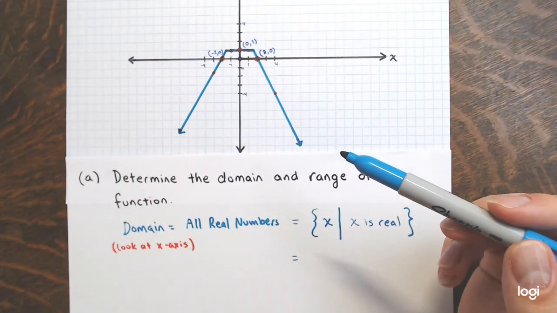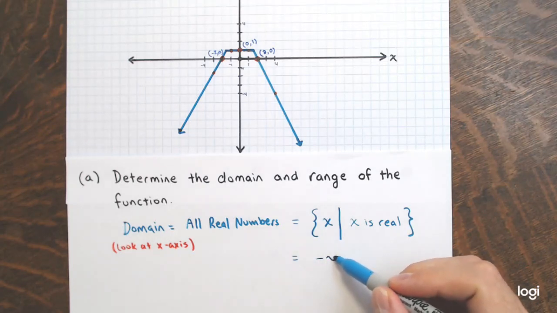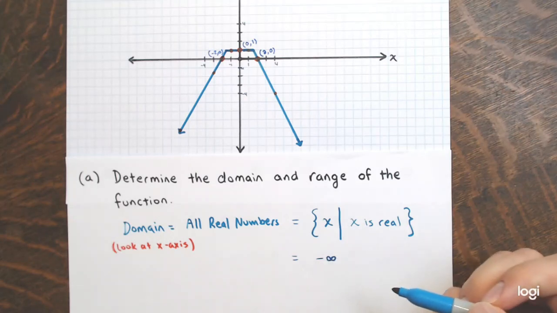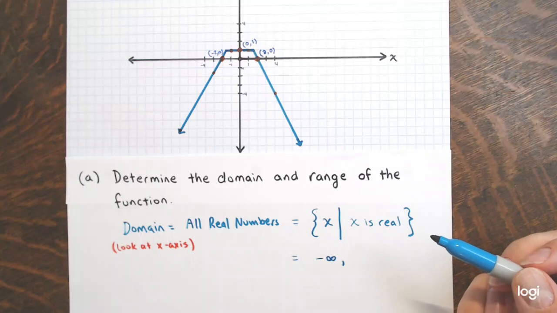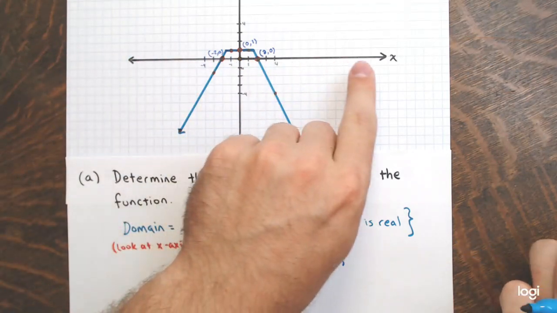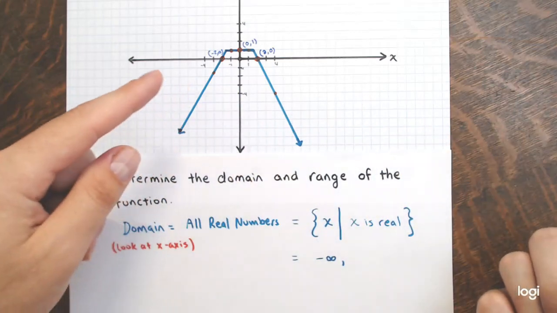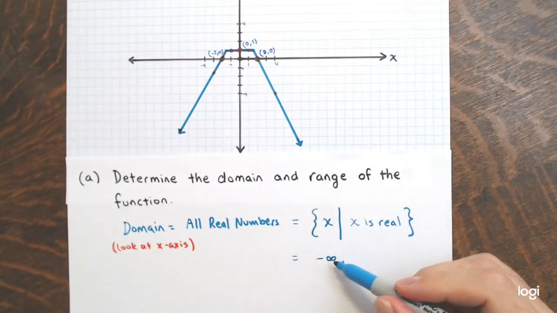So to indicate that there's no lowest value of the domain, I write the symbol -infinity, and then a comma to indicate that we got all these numbers out to the left here, all the way up to the far right as well. There is no largest. Is there a lowest value in the domain?